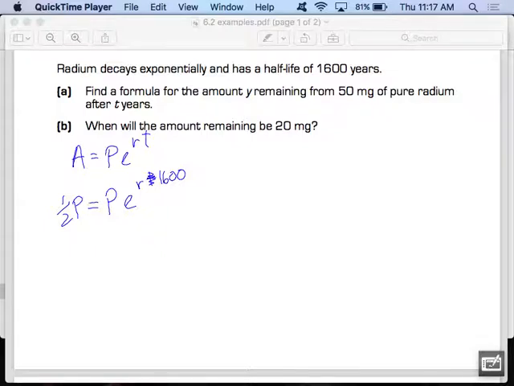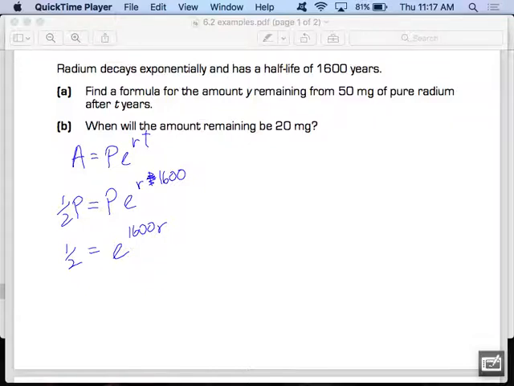What do you got? Do you do the natural log? We're going to. Let me divide by P first. So your starting amount initially is irrelevant. Whether I start with 10 pounds or a billion pounds, after 1,600 years, I'm going to have half of that starting amount. Okay, now what'd you say? Natural log? Yeah.